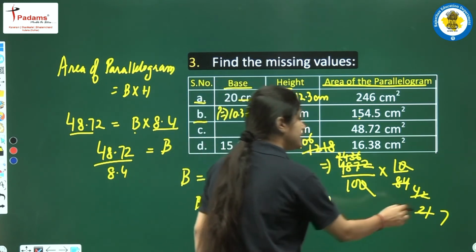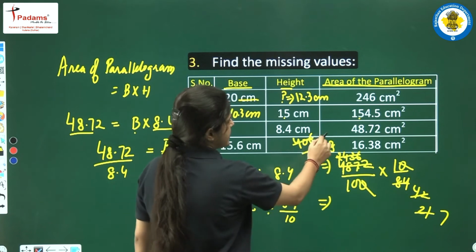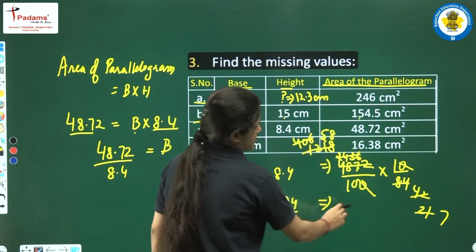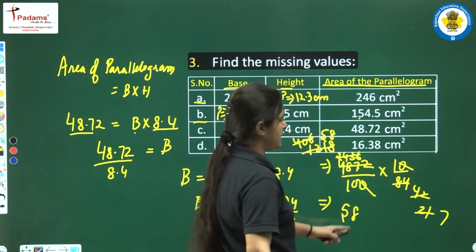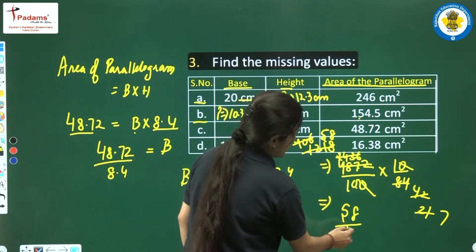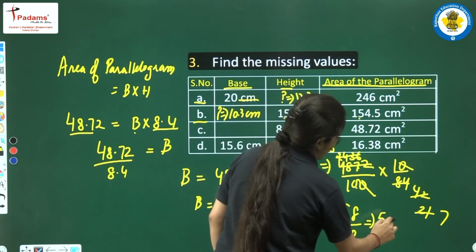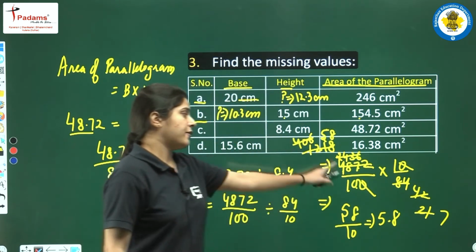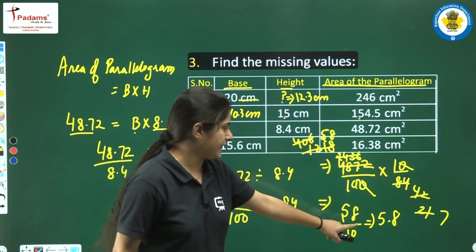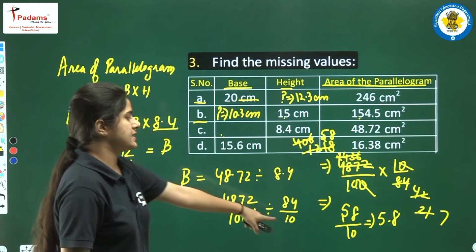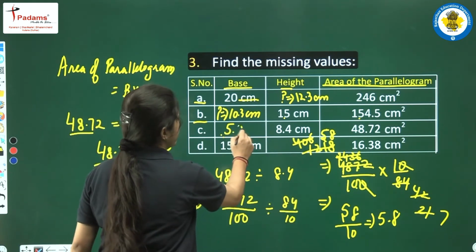Now students, on the table of 7, it is 58. Okay, so students, 58 upon this 10, which is 5.8. So students, when you will solve this calculation, you will get the value of the base as 5.8 centimeter.